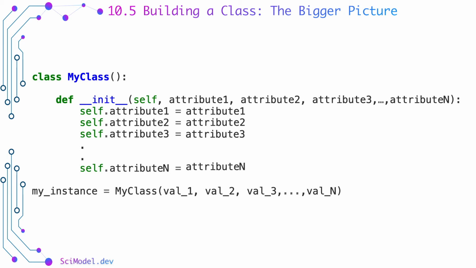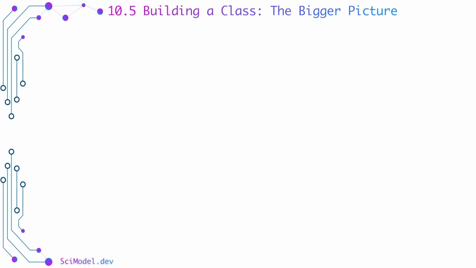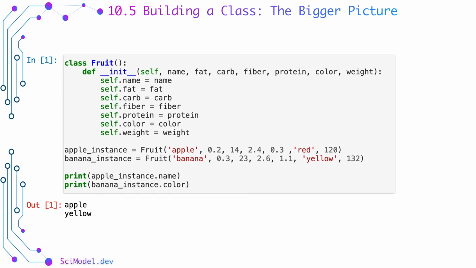Next, we need to apply what we know about class and the init constructor on the fruit class example. Here in this code example, we are defining the fruit class with the init constructor as a method for this class to create class attributes which are name, fat, carb, fiber, protein, color, and weight.